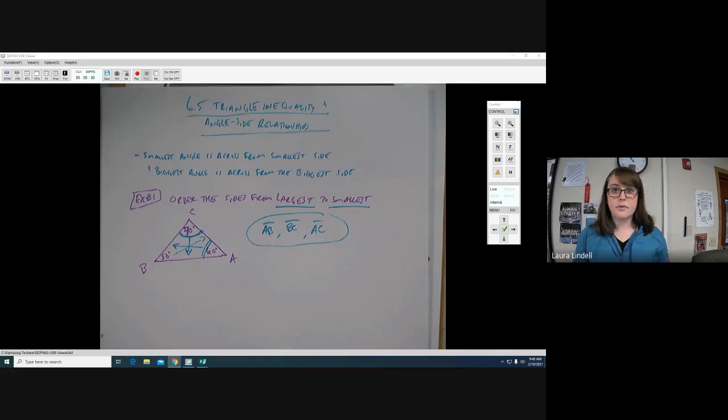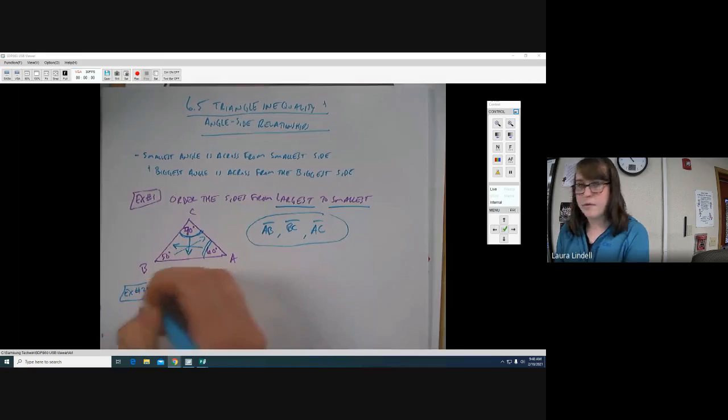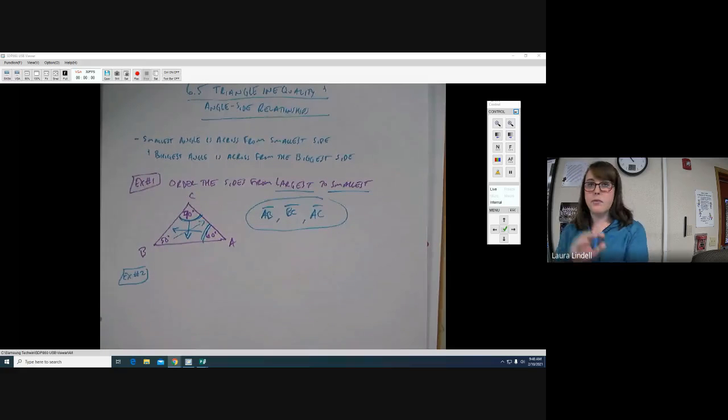Okay. So that's one kind of problem that we're going to be asked to do. Looking at the angles, order the sides from largest to smallest or from smallest to largest. Again, make sure you read the question. Let's see. The next thing we're going to be asked to do is the same kind of thing, but in reverse order.